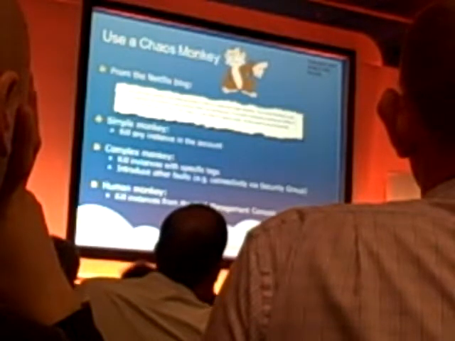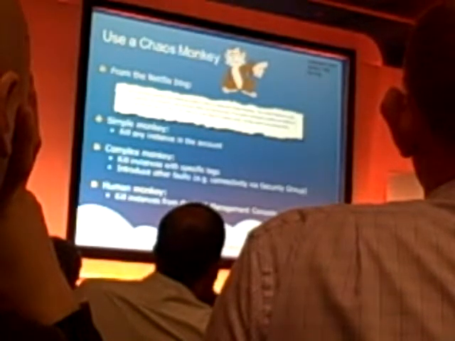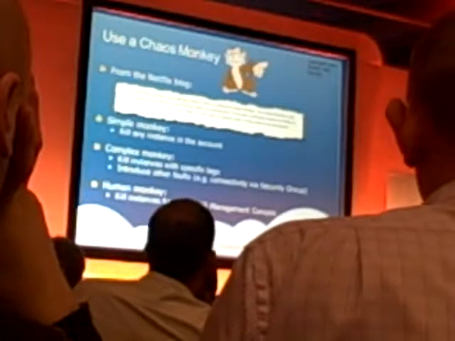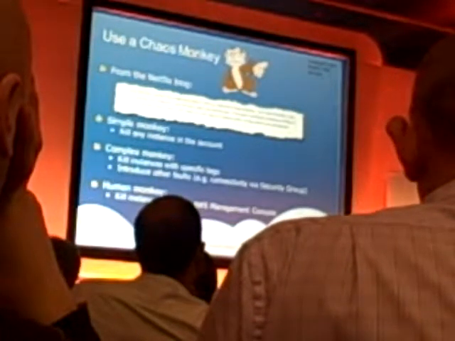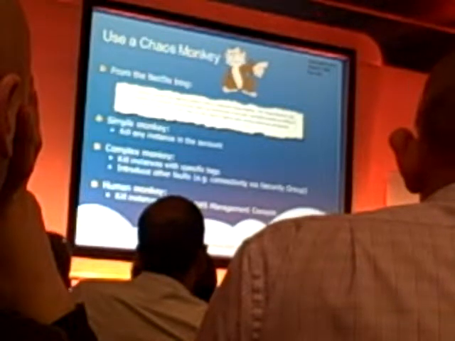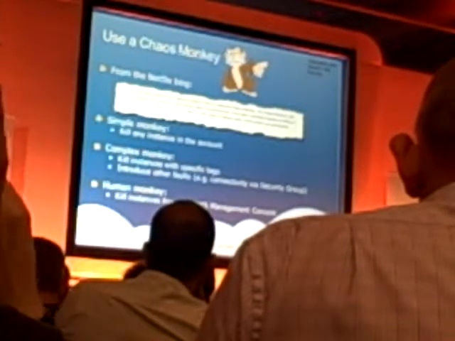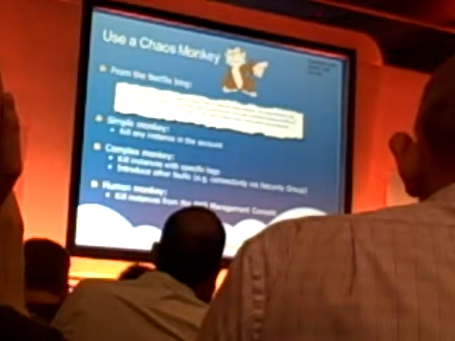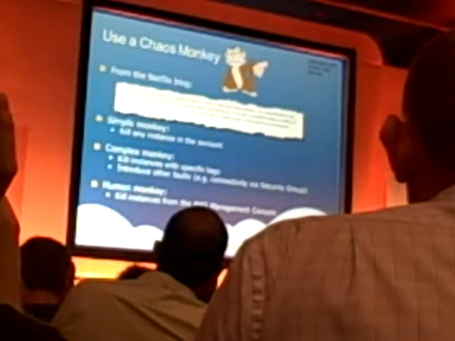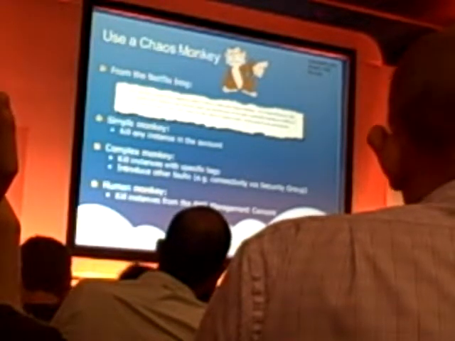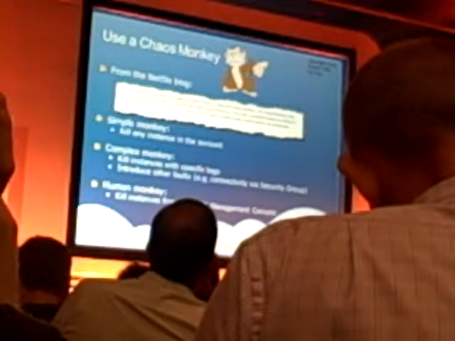Now, a more complex monkey could go after specific instances and kill those, or you could simulate the existence of other faults by shutting down networking facilities or changing security groups, for example, and then just exercising how the system responds to some of these failures.